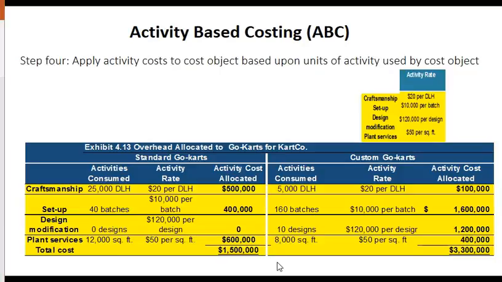So as you can see here, there's a significant difference between the amount of overhead being consumed by the standard carts versus the custom go-karts.